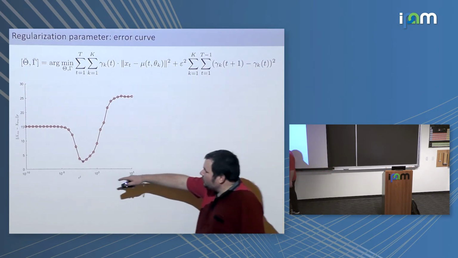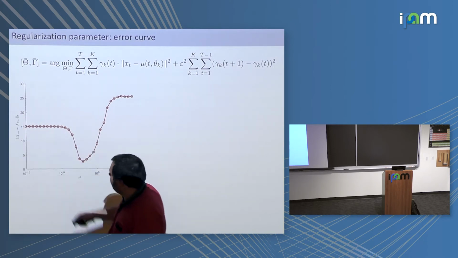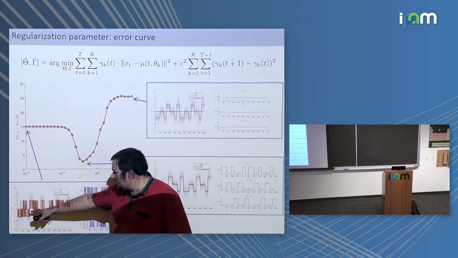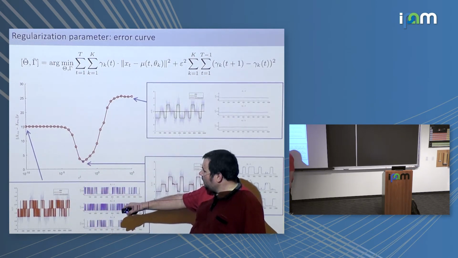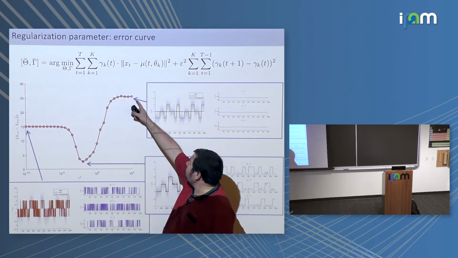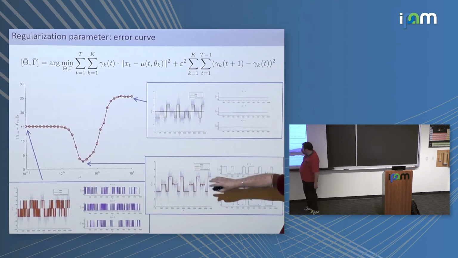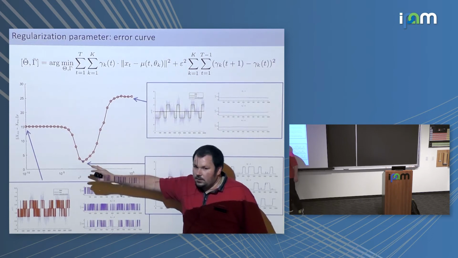We can compute the reconstruction error, and we can see that for small epsilon, we have some crazy signal. For too large epsilon, we have a constant function, and the right epsilon is somewhere between these two values.